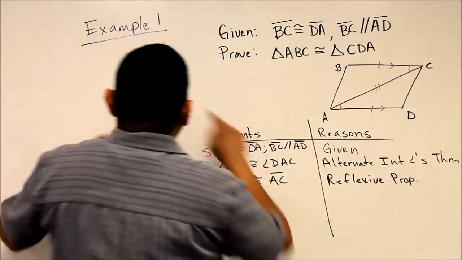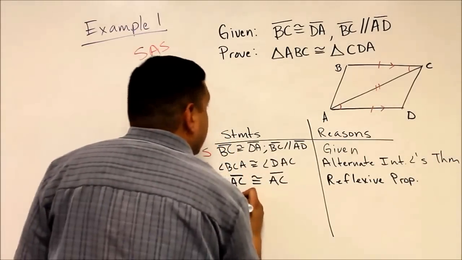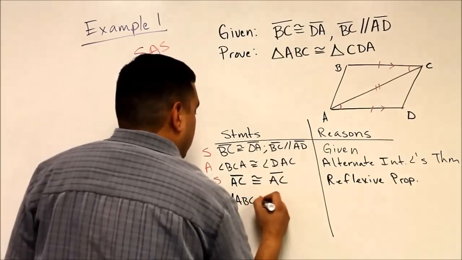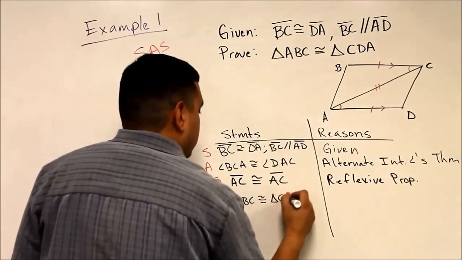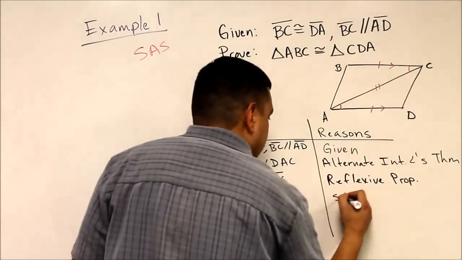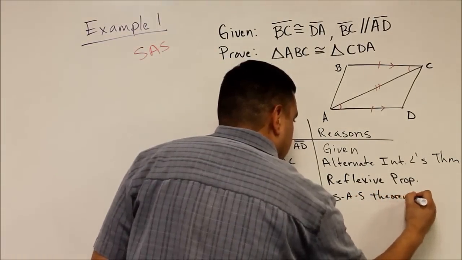Now that I have my three corresponding pairs that are congruent, I can say triangle ABC is congruent to triangle CDA. And the theorem would be the side angle side theorem.